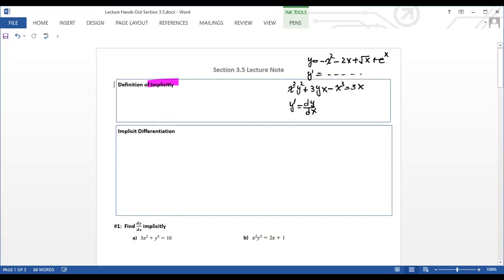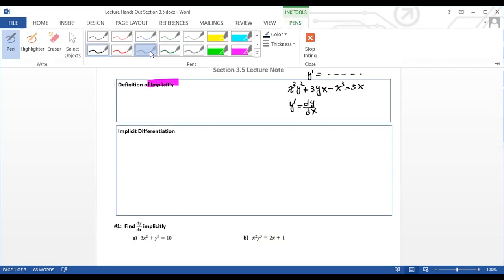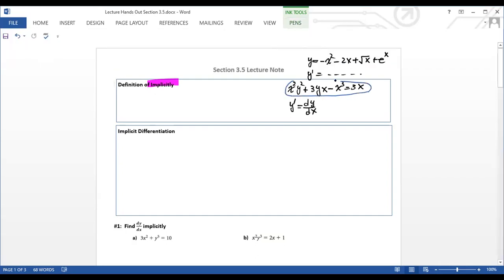For this type of problem, as you can see, x and y mix together. Of course you can say, I can use my algebra skill and try to solve it to y equal to some function f of x.